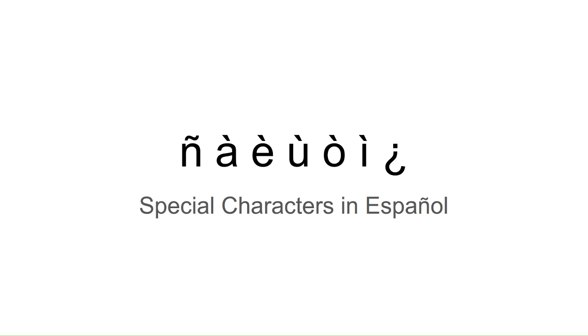Those are eñe, which is N with a little thing above it, and also a, e, i, o, u, which respectively will have a little thing above those characters, and then also especially Español and España. Basically, Spanish spoken in Spain actually uses this question mark flipped around.